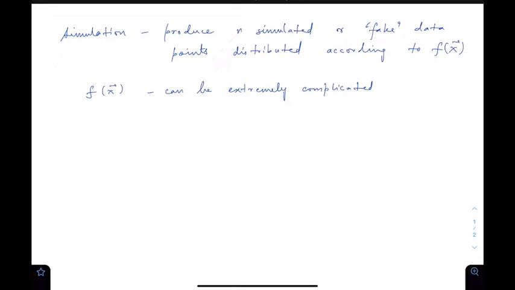So the underlying physical PDF, which is denoted by this g of x', can itself involve integrals which will be evaluated by Monte Carlo in the course of simulation.